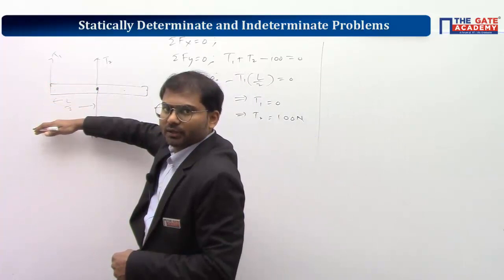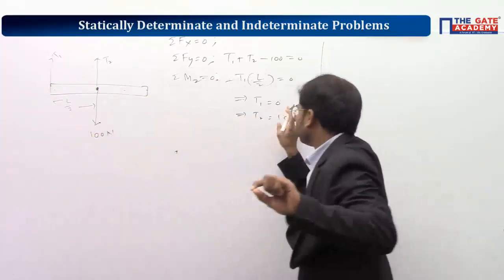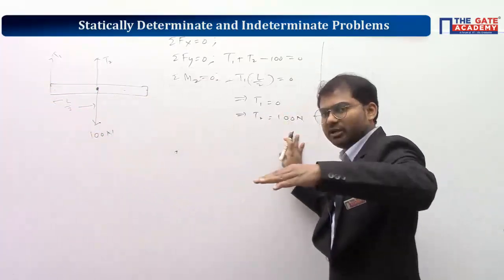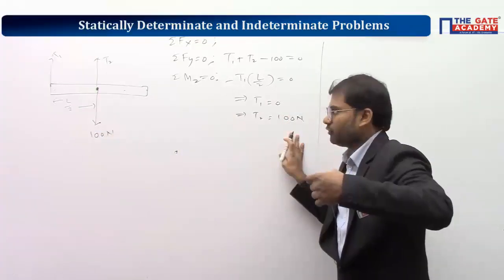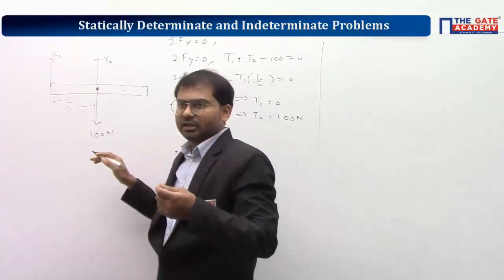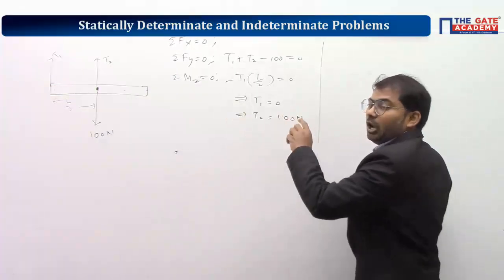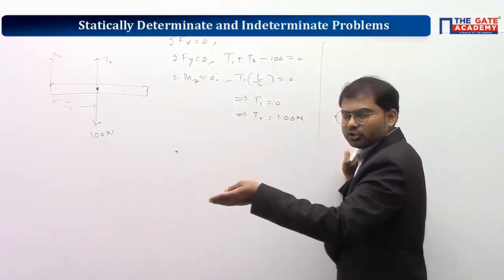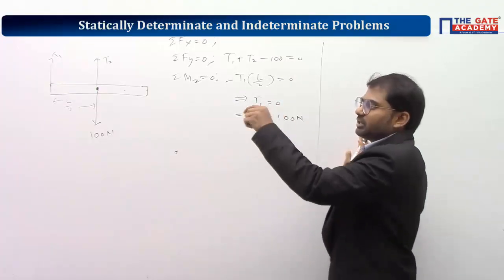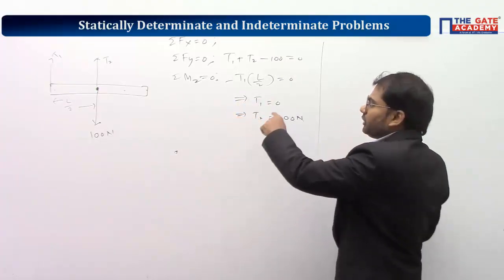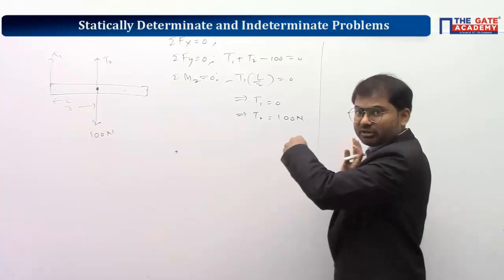The answer for this question will be the same, T1 is 0, T2 is 100. First I thought that we should go with the condition that it should be horizontal only, but later I understood that as T1 is 0 and T2 is 100, we cannot go with that condition. If they have given a question, they should not say the bar should be horizontal.